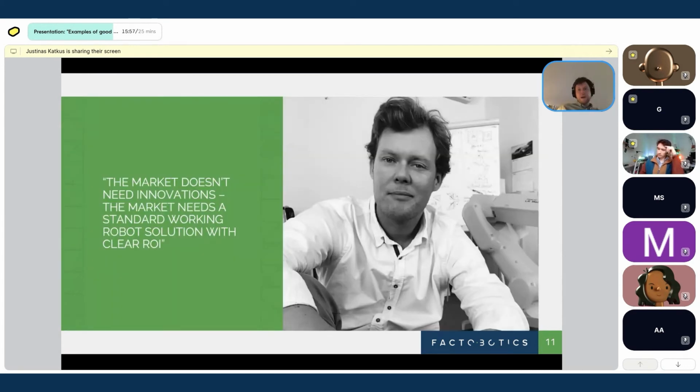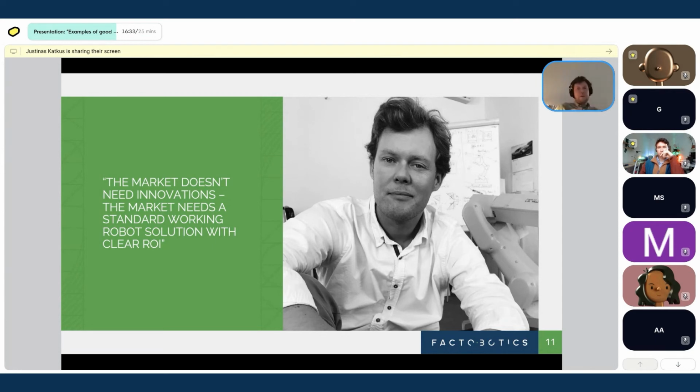Now, to wrap it all up, after being some years in the robotic innovation business and really trying to build a standardized, simple robotic system, I can clearly say today that the market doesn't need innovations. What the market needs is a very simple and very standardized working robot solution which works, which people can understand, and which has a very clear and understandable business case: I buy it, I use it for this, it saves three hours of my time, which I can use for reading or watching TV.